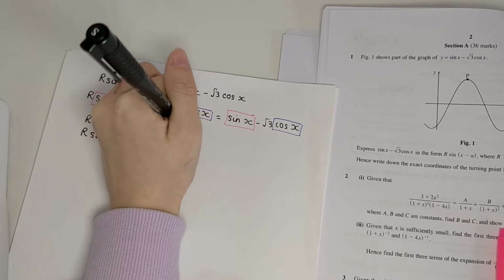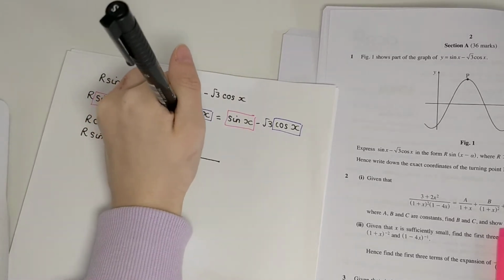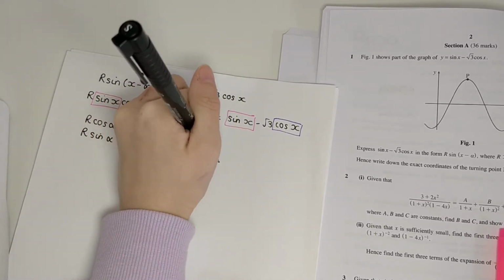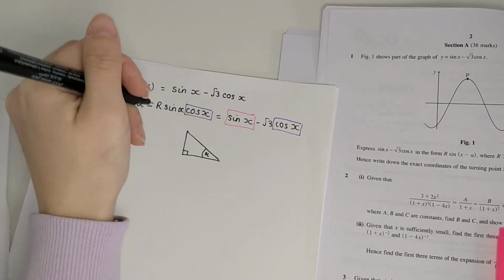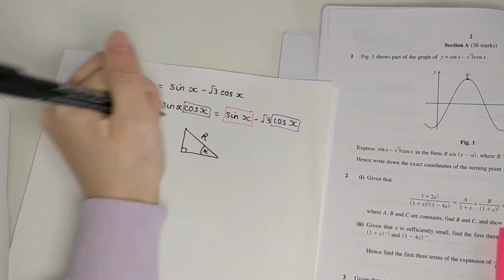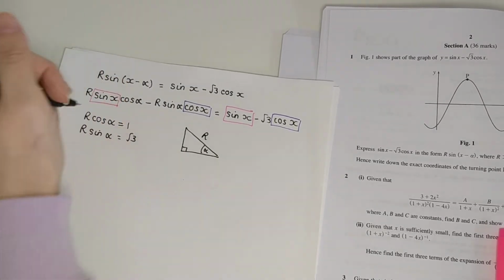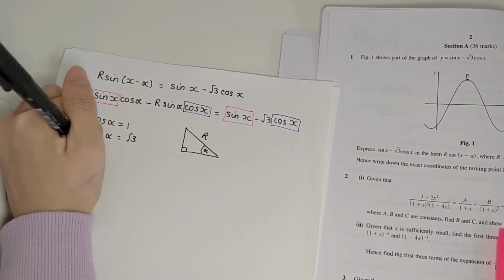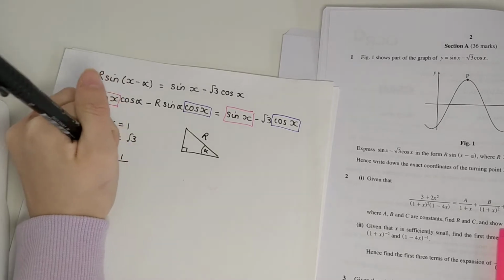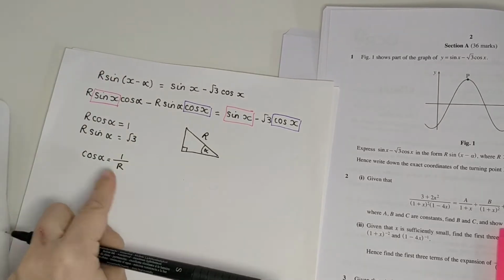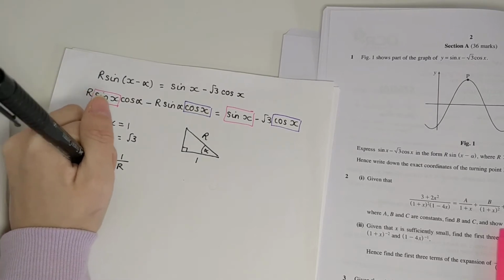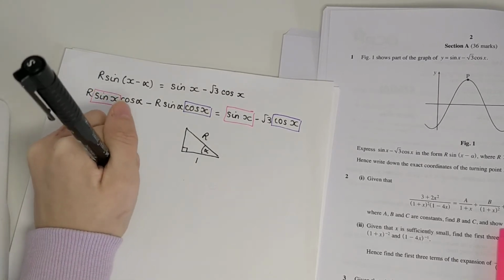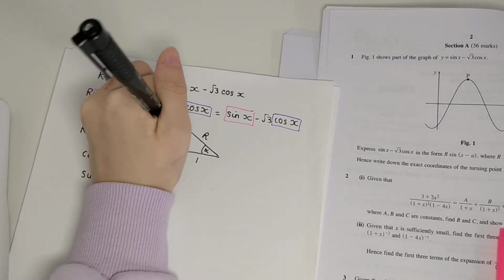So I'm going to draw a little diagram. r is the hypotenuse. Cos alpha is the adjacent over the hypotenuse, which means the adjacent needs to be 1. And sine alpha is the opposite over the hypotenuse, which means the opposite must be root 3.